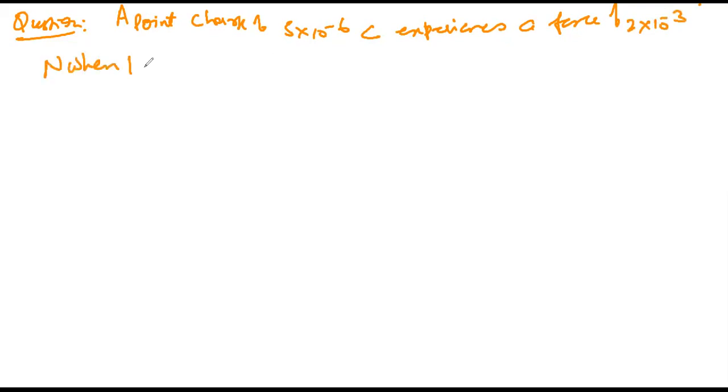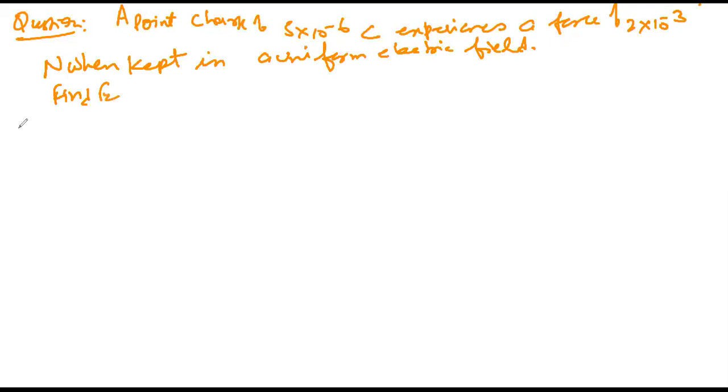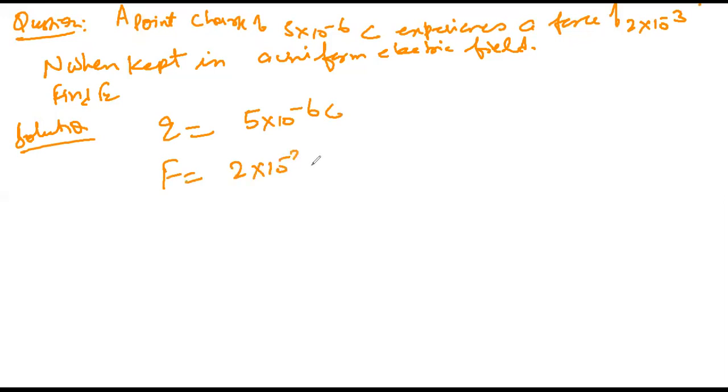So you have to find E. Do you know the formula? Q is how much? 5 multiplied by 10 to the power minus 6 coulomb. F is equal to how much? 2 into 10 to the power minus 3 Newton.